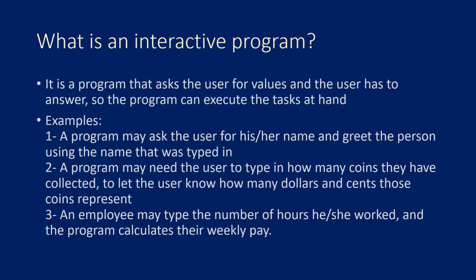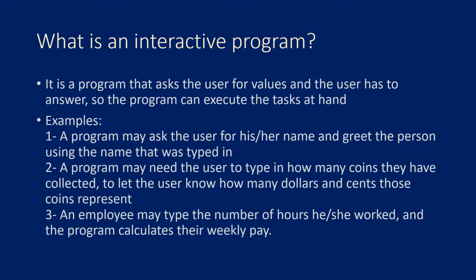We're going to be able to prompt the user for their name and then say, hi, Jonathan, hi, Mary, and so on. Another example would be a program that may need the user to type in how many coins they have collected to let the user know how many dollars and cents those coins represent.